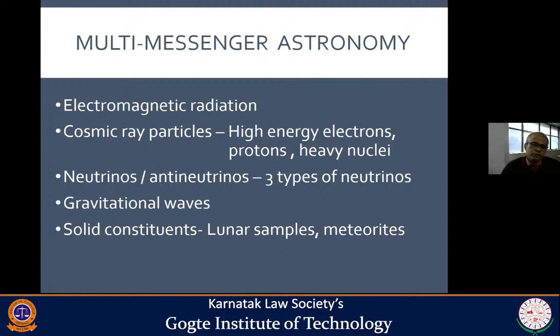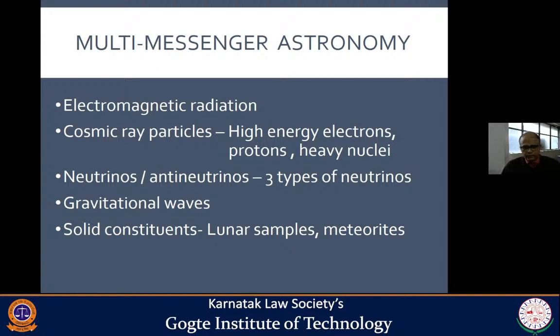The second important method to learn about the universe is cosmic rays. These are high energy electrons, protons, or even heavy nuclei. They move at a speed close to that of light, and from that one can learn about astronomical entities. The third one is neutrinos.